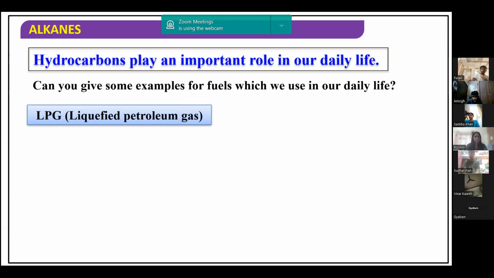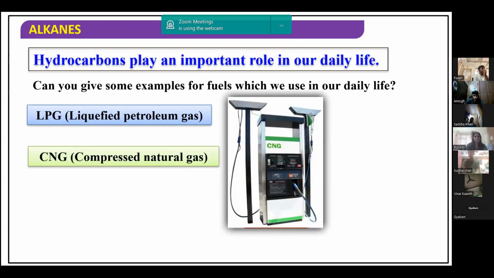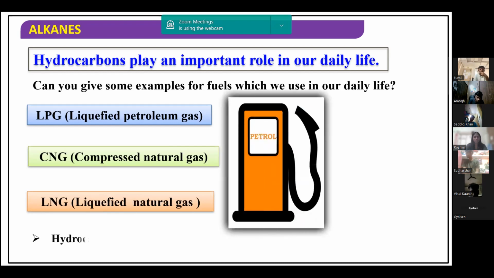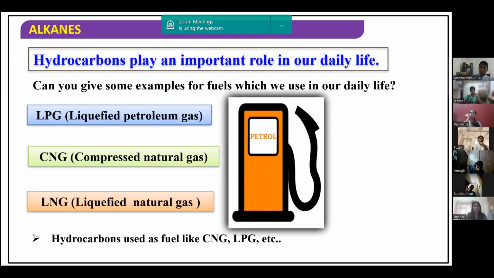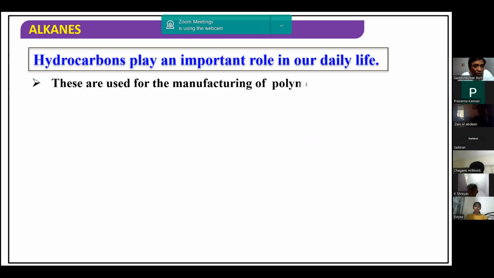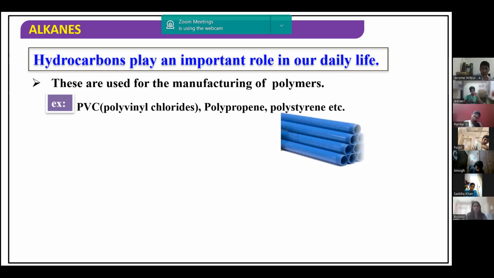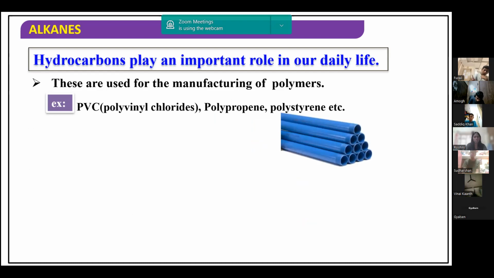So there are certain common basic things to be understood about these hydrocarbons. LPG, CNG (compressed natural gas), LNG (liquefied natural gas), all these are fuels we are using nowadays in day-to-day life. Apart from this, they are also used in the preparation of important polymers: polyvinyl chloride, polypropylene, polystyrene, all used as plastics.